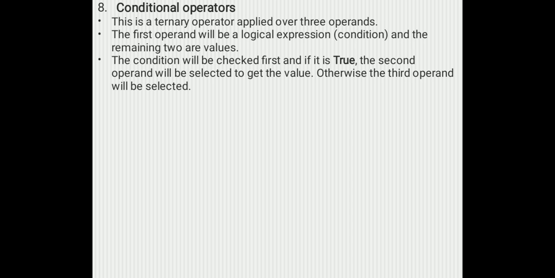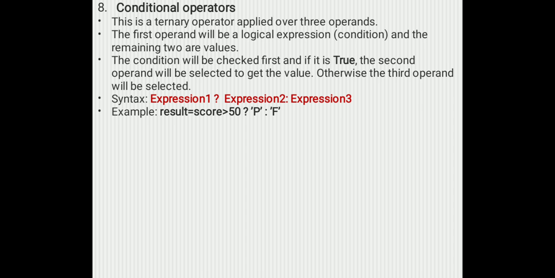After that, if it is true, the second operand will be displayed, otherwise the third operand will be displayed. The syntax is expression 1 question mark, expression 2 colon, expression 3, and the conditional operator is represented by the symbol question mark colon. And an example, result equal to score greater than 50.